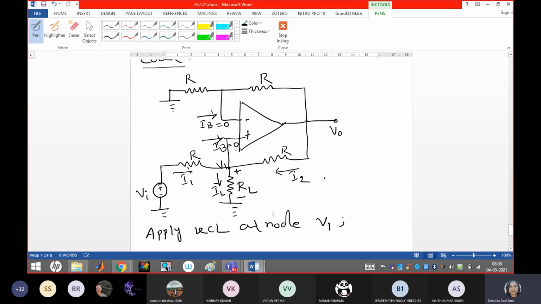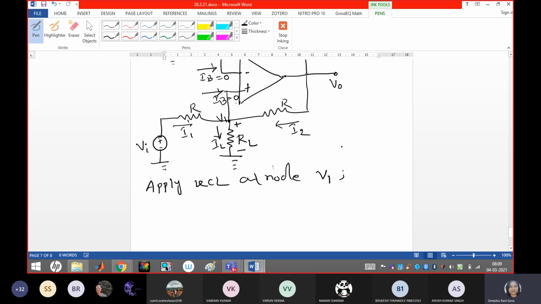Wake up. Look at the circuit. What is the applied input voltage towards the op-amp? V1. Yes, V1 only. Just remember this concept, okay? This will be helpful later.